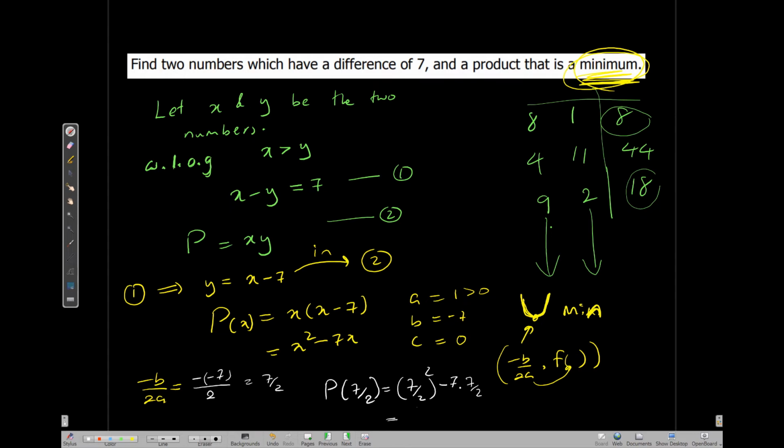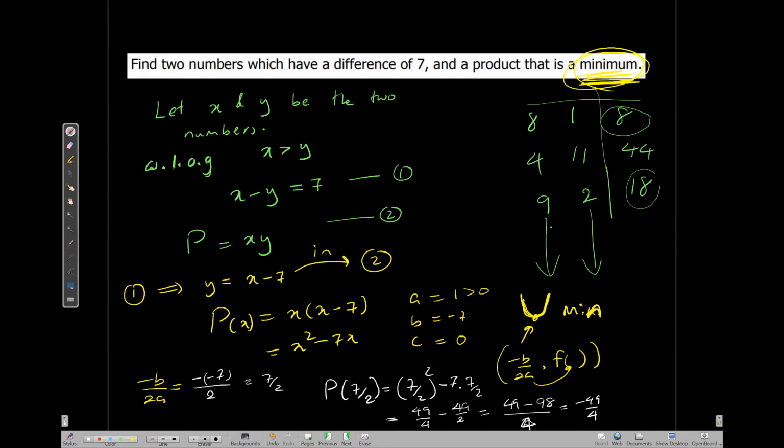No. 49 over 4 minus 49 over 2, right? And then 49 minus 98, so you get minus 49 over 4.